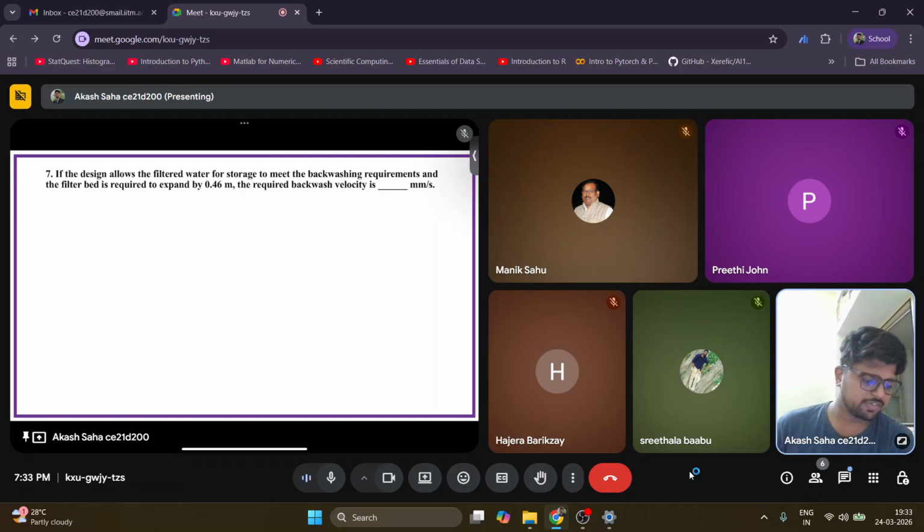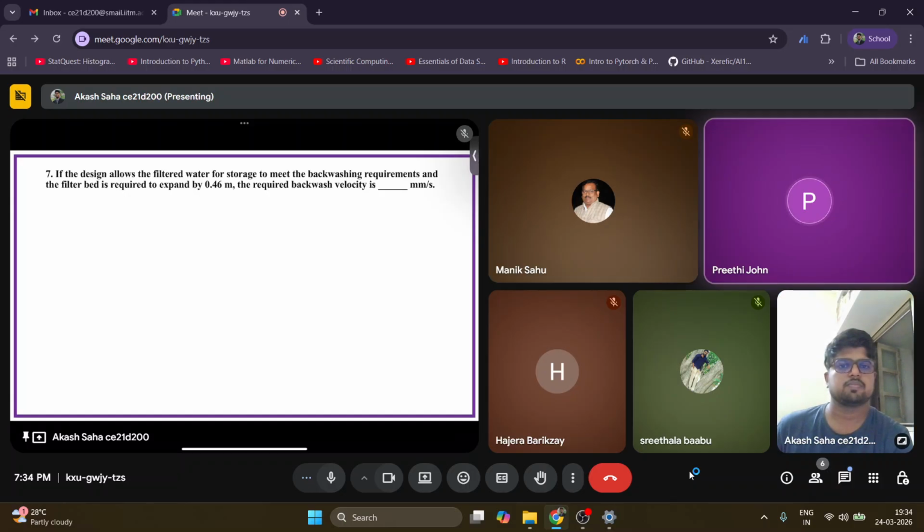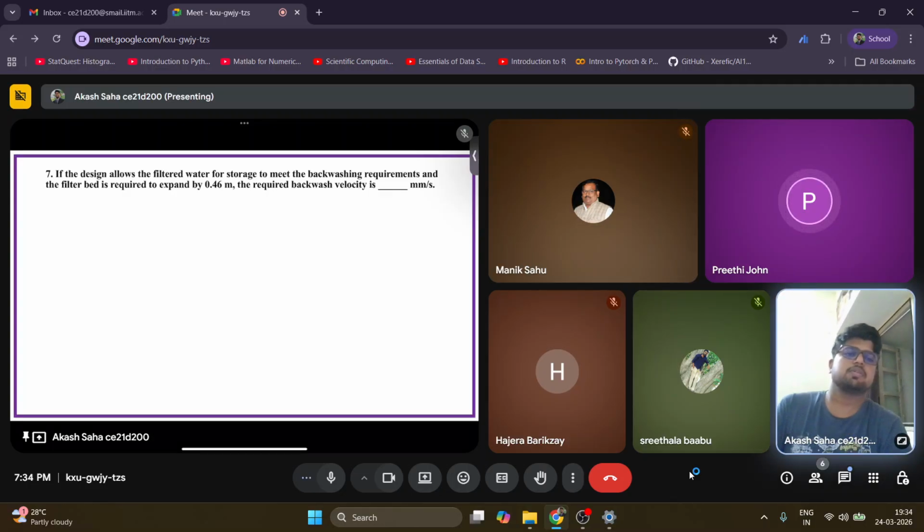The porosity of the filter bed is given, but you need to calculate the porosity of the expanded bed. We know that the volume of the media is the same before and after expansion. Yes, that is true.